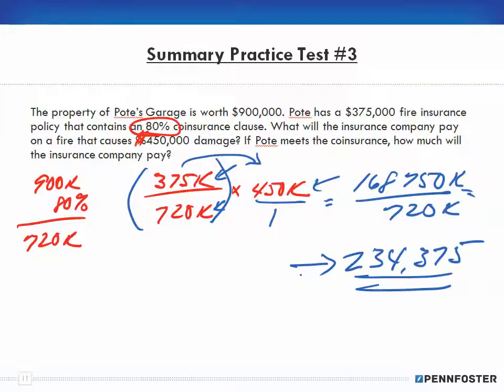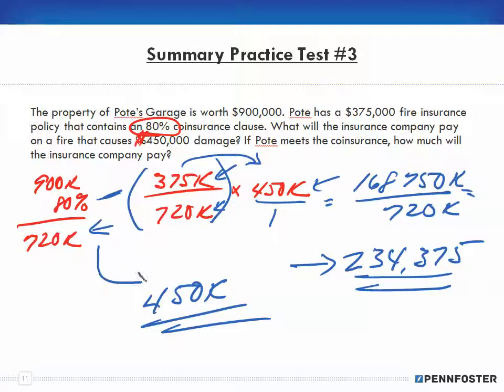Well, if the coinsurance is met, the company will end up paying $450,000. If the coinsurance is met, meaning if Pote, instead of having $375,000 in insurance, had $720,000, then the insurance company would meet the full amount of $450,000.